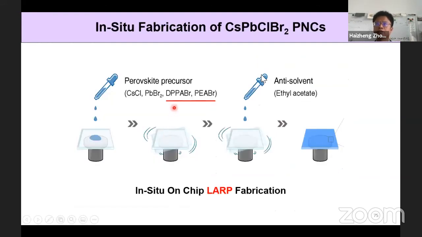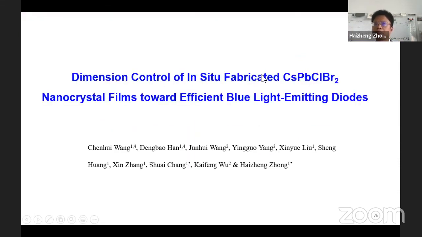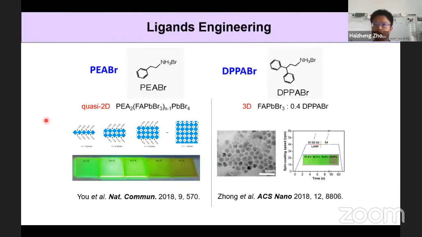And very recently, we also developed the in-situ fabrication of organic perovskite nanocrystals in the blue region. And here is the paper, and I will just tell you the case study.